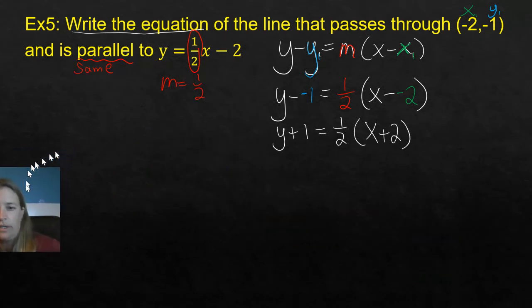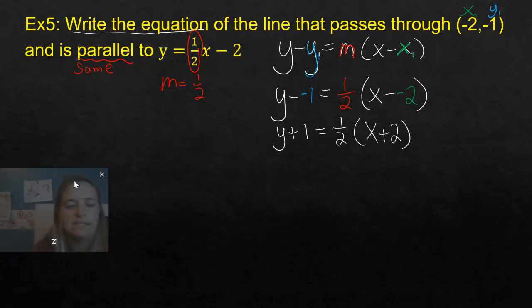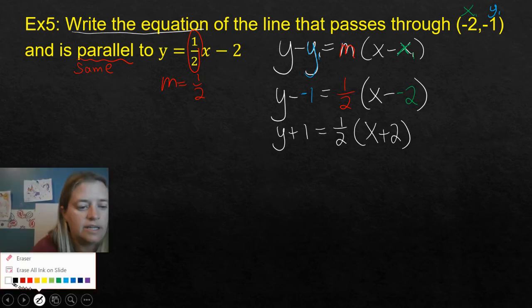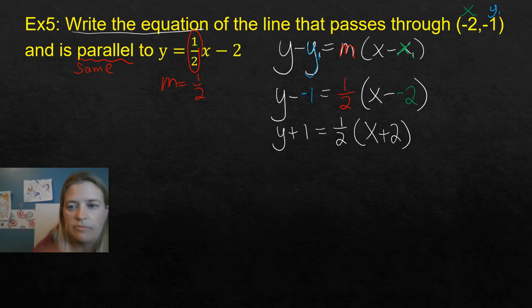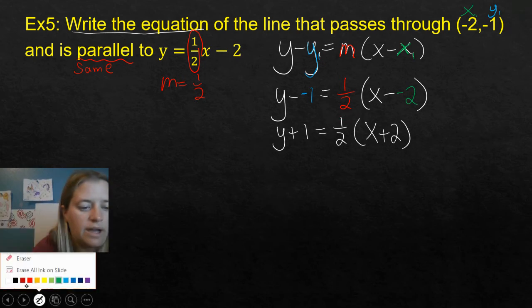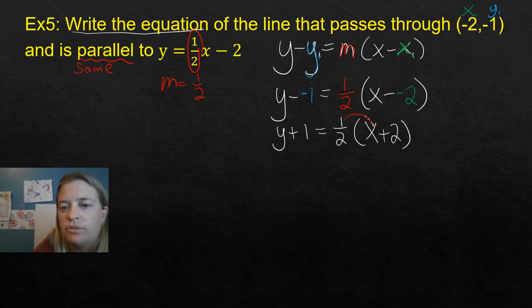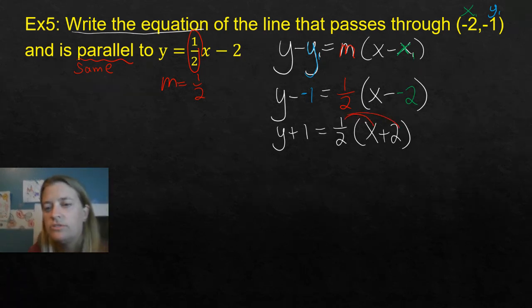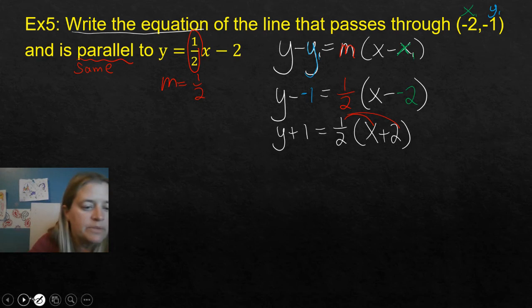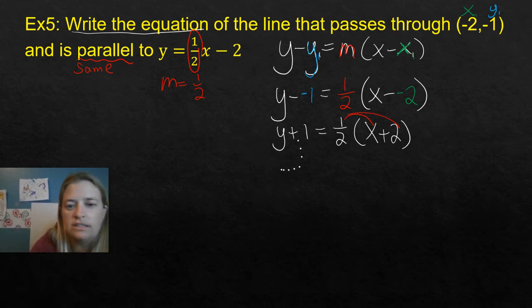And what we're going to do now is, since we have it in point slope form, but we really want it in slope intercept form, we're going to take that slope, that 1/2, and distribute it into the parentheses. So remember, distribute just means multiply. So the left side, you're just going to leave alone.